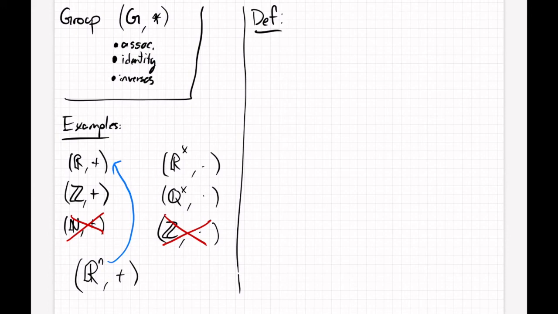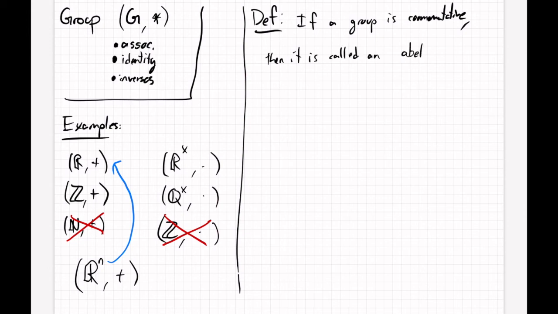But the things that are commutative have a special name. So if a group is commutative, then it's called an Abelian group.